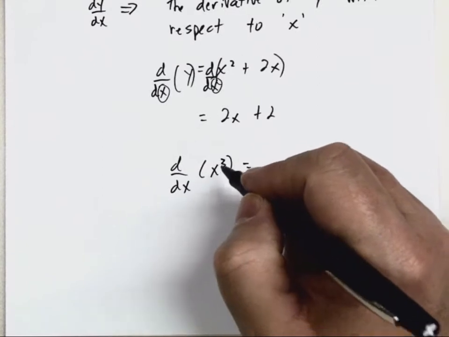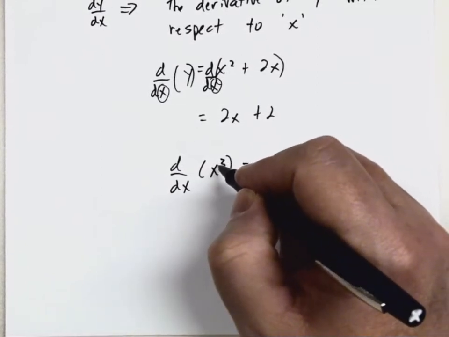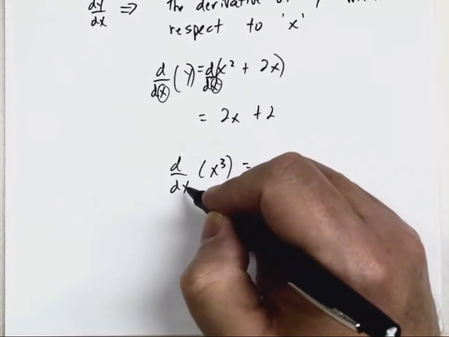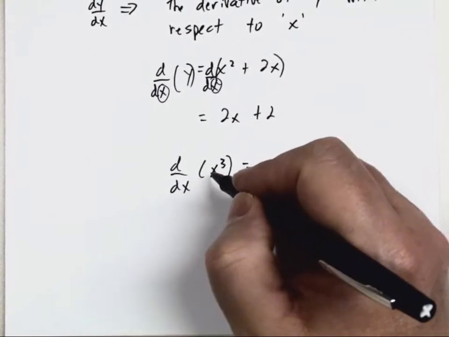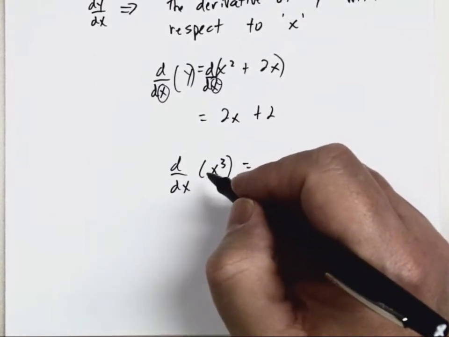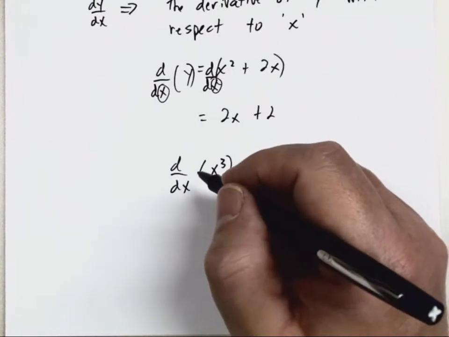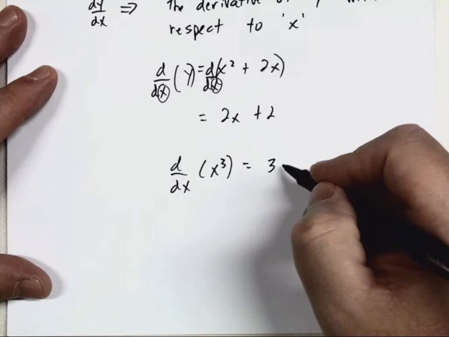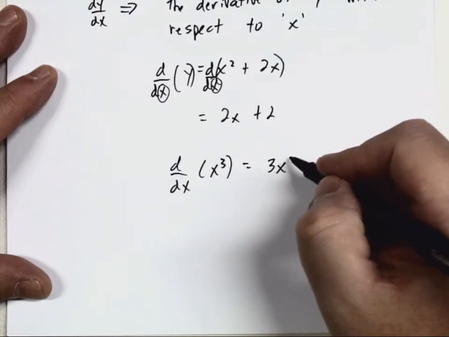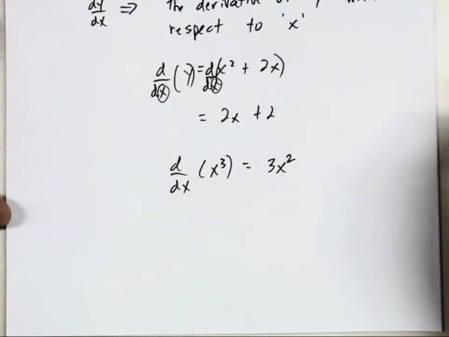Since the variable I'm looking at and the variable I'm taking the derivative with respect to are the same, I just apply all the derivative rules we've just learned. So the 3 comes down, you subtract, and it's 3x squared.